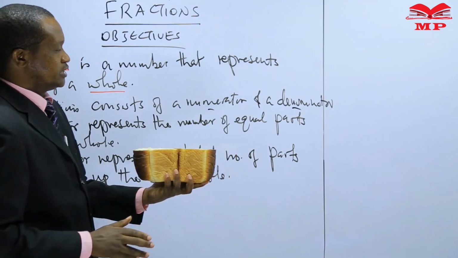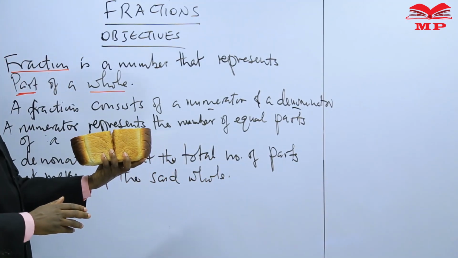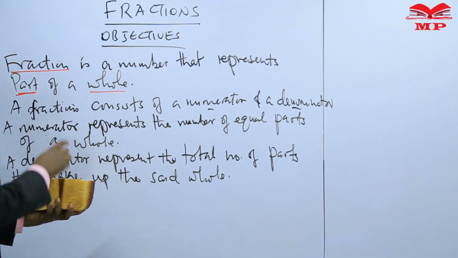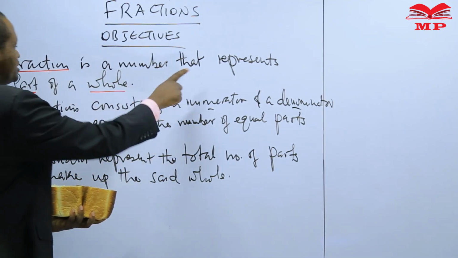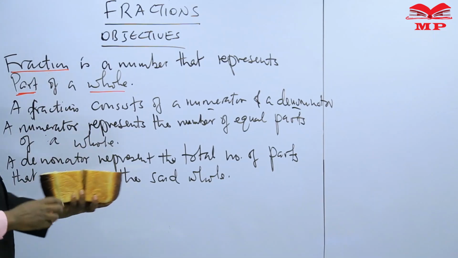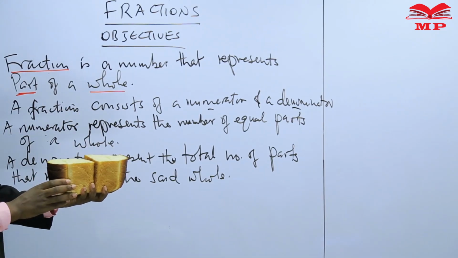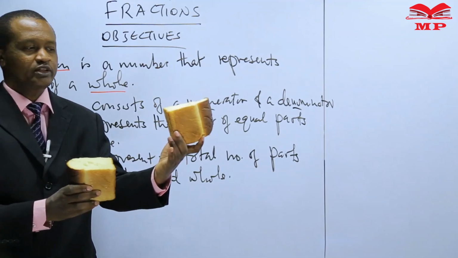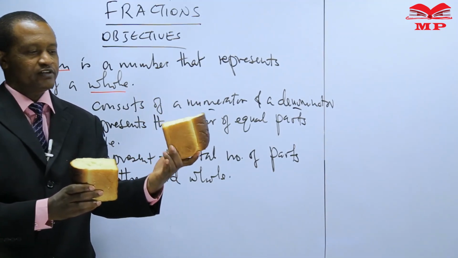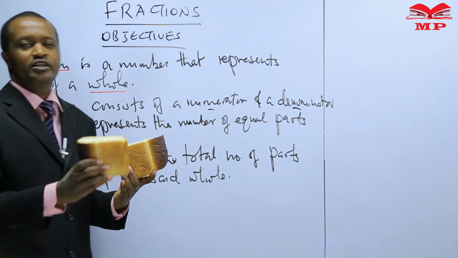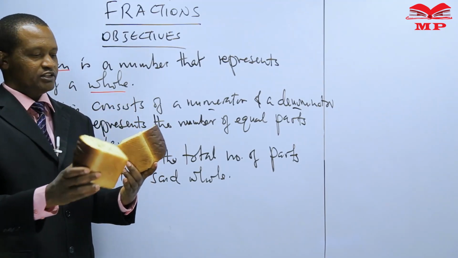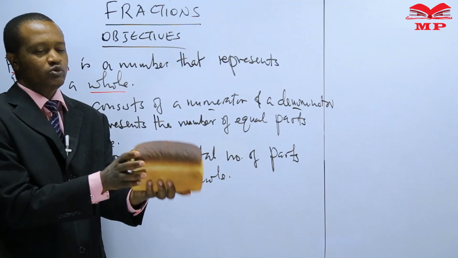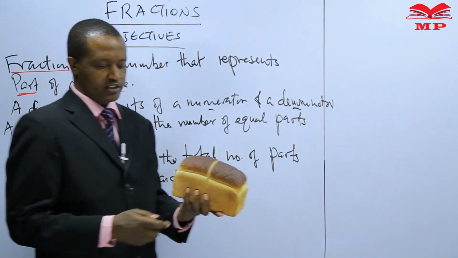Now we say that the whole is now in 2 parts, and a fraction is a number that represents part of a whole. So one part or one section is a half. The other one is a half. So these 2 halves make one full loaf, all right?